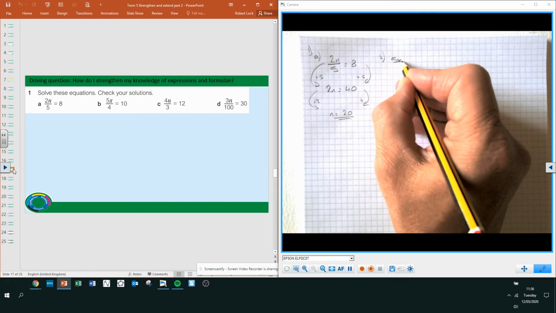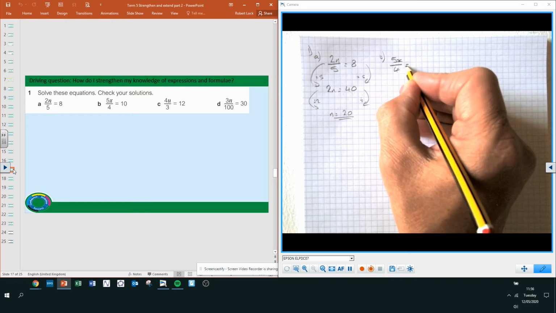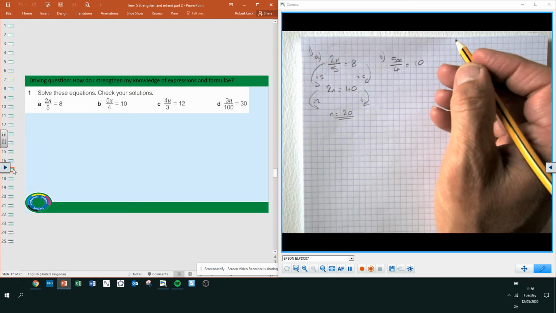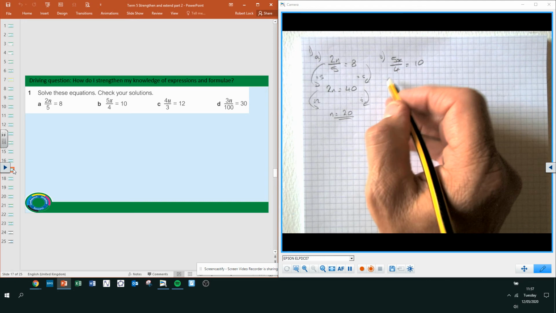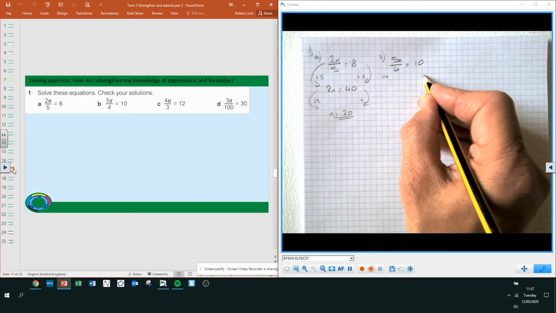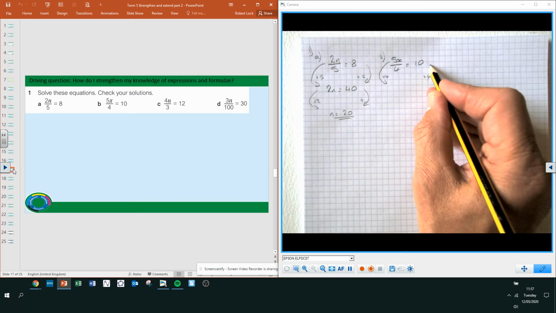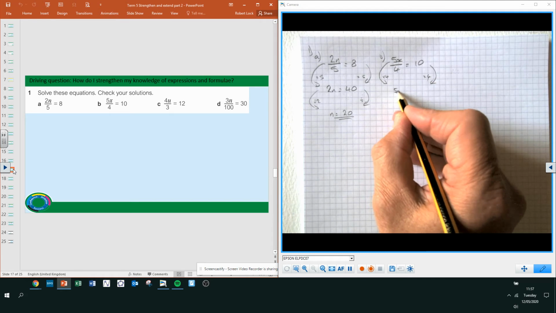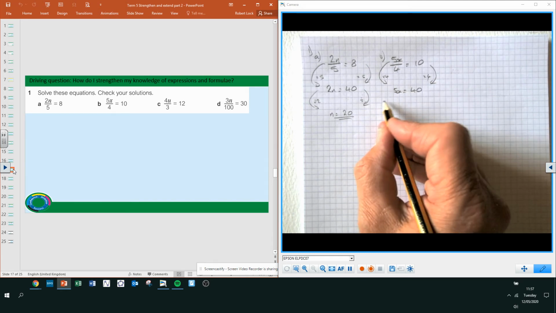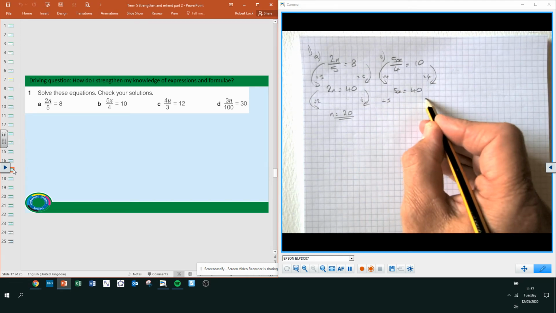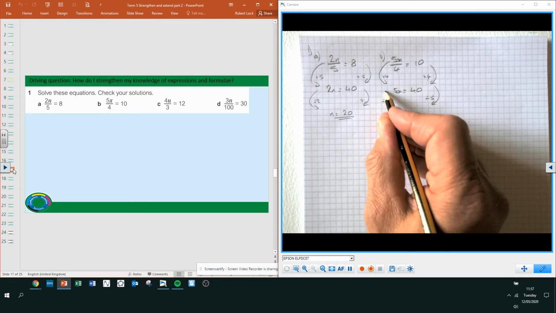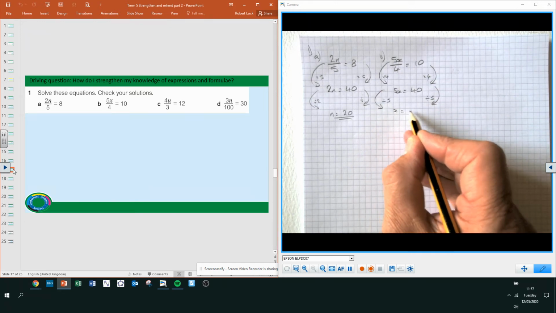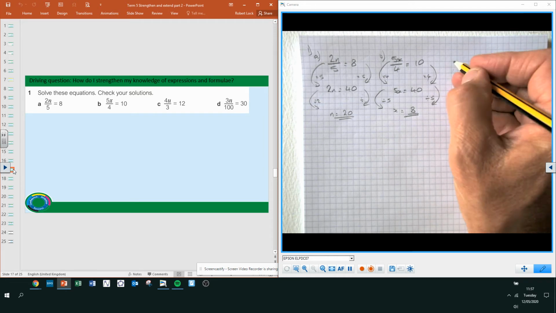B. 5x over 4 equals 10. And the last one, divide, so we times by 4. And 5x equals 40. And we now divide by 5. X equals 8.